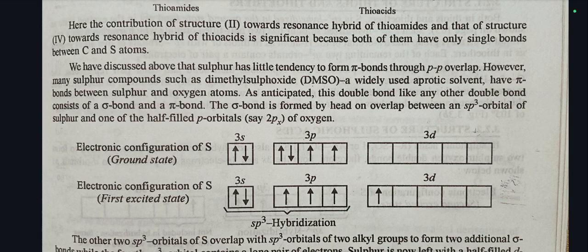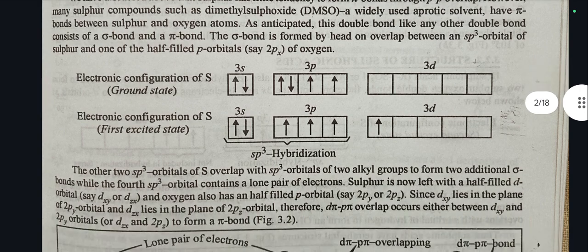Electronic configuration of S in the ground state: 3s2 3p4 3d0. Electronic configuration of S in the first excited state: 3s2 3p3 3d1, sp3 hybridization.